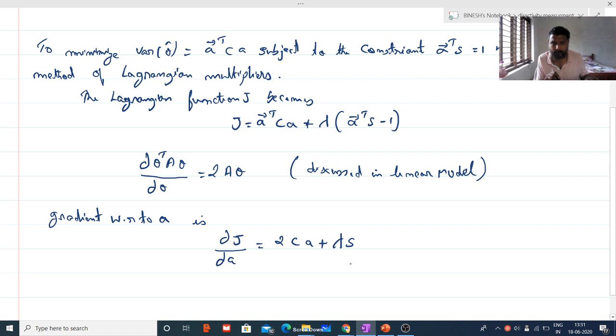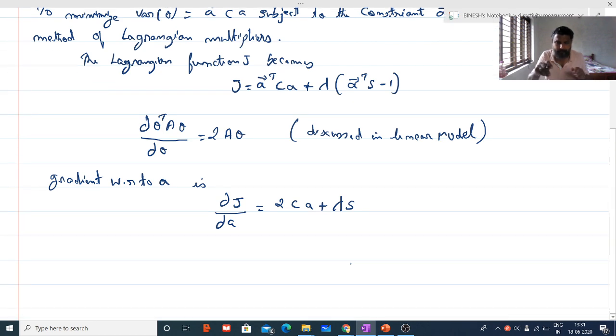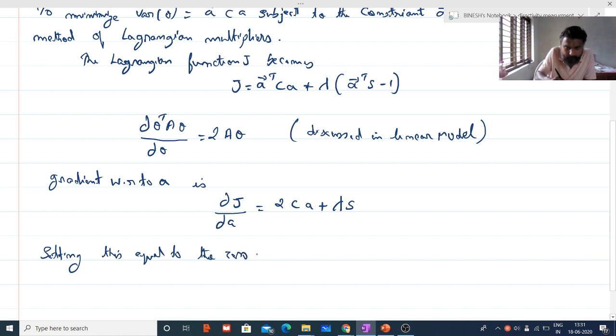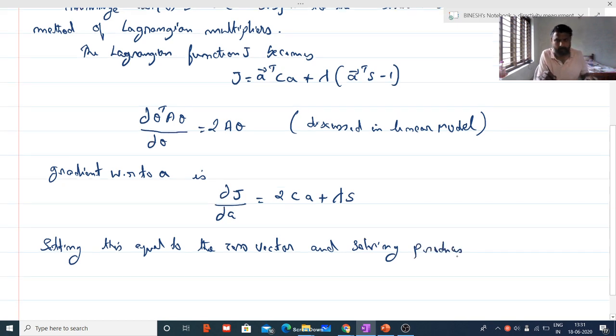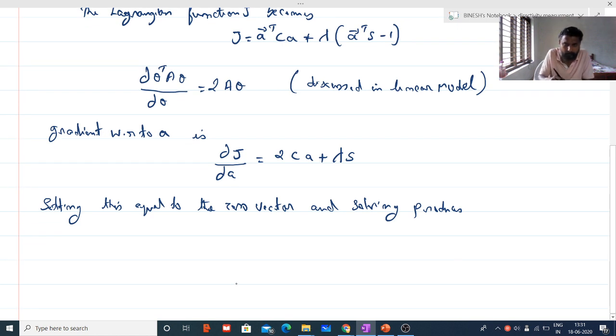Setting this equal to the 0 vector and solving the above produces the values of A. That is, 2CA plus lambda S is made equal to 0.